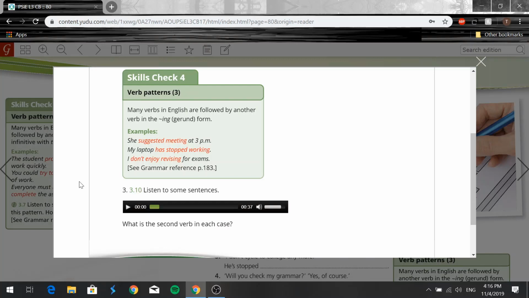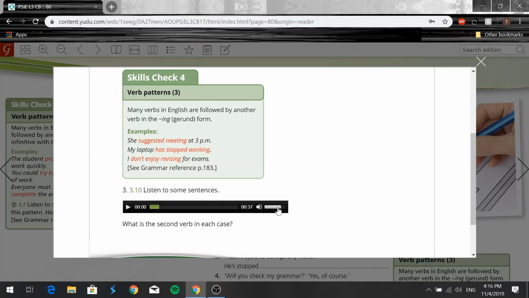She suggested meeting at 3 p.m. Okay? My laptop has stopped working. A verb followed by another verb with the ing form. I don't enjoy revising for exams. Okay? All of these are different examples.